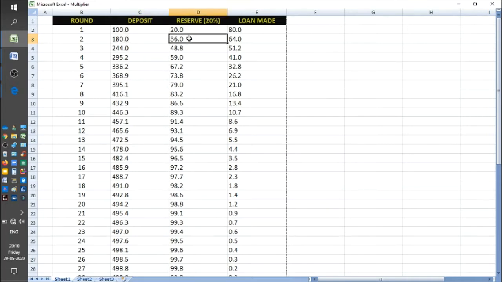From 180, keep reserve as 20%, 36 rupees, the rest is loaned out. When it is loaned out, it becomes a deposit. So 180 plus 64, 244 is the new deposit. 20% reserve of that is 48 rupees. The rest is loaned out. When it's a loan, they open an account, a new deposit for that third person, and so the total deposit from 100 becomes 296, and this goes on and on.